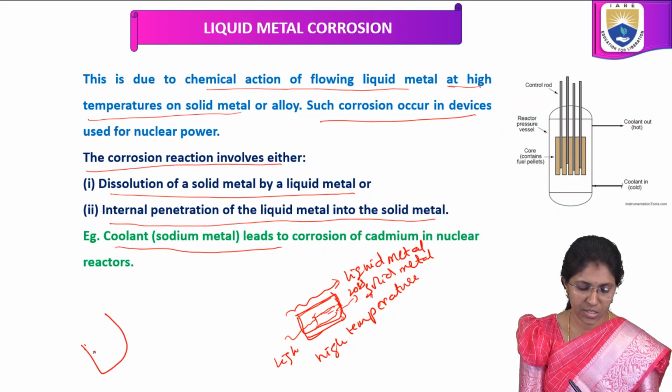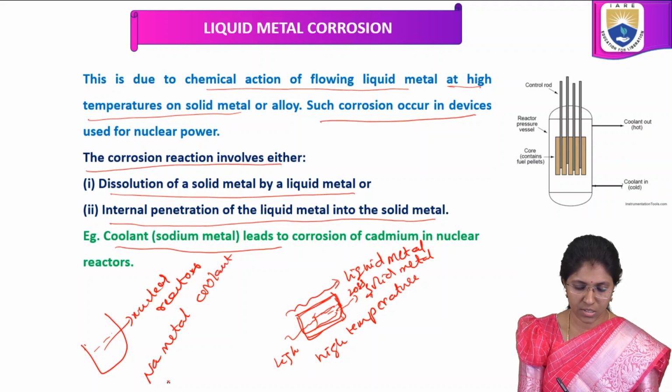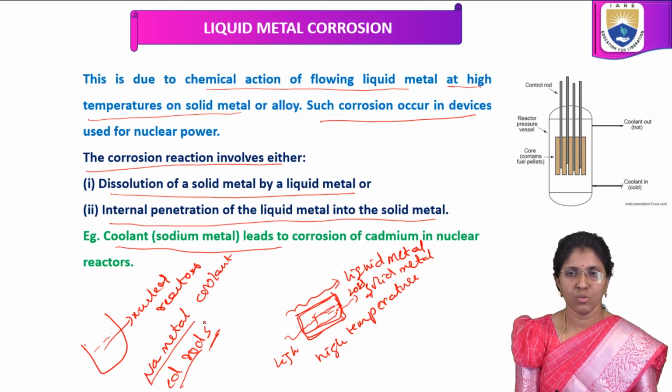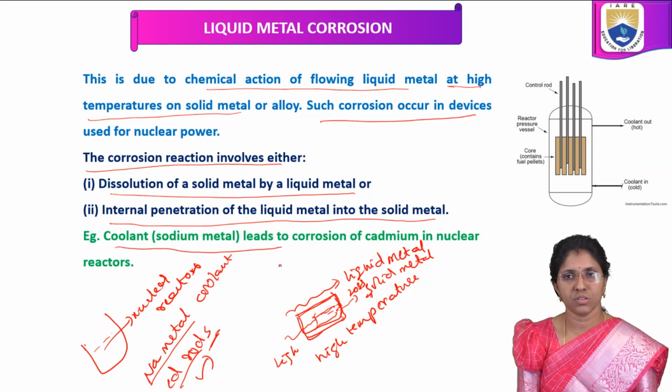In nuclear reactors, sodium metal is used as a coolant, and cadmium rods are also used in the reactor. When the sodium metal flows over these cadmium rods, the cadmium rods undergo corrosion. This is about liquid metal corrosion.